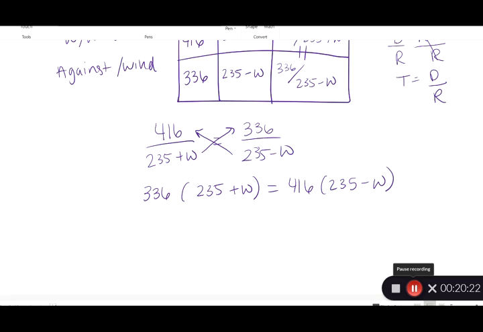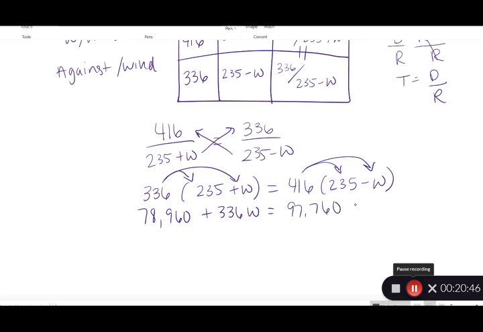Now I'm going to distribute my 336 into both pieces in here. These are going to be kind of big numbers, but you have a calculator. So 336 times 235 gives me 78,960 plus 336w equals 416 times 235, distributed in, so 97,760 minus 416w.